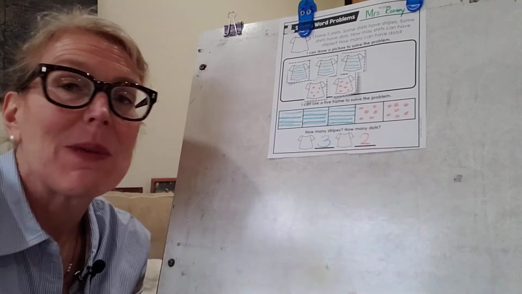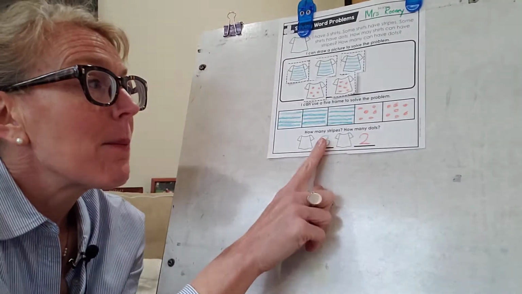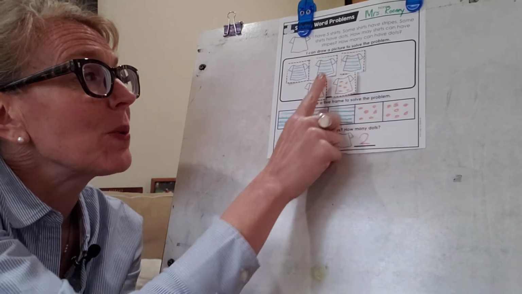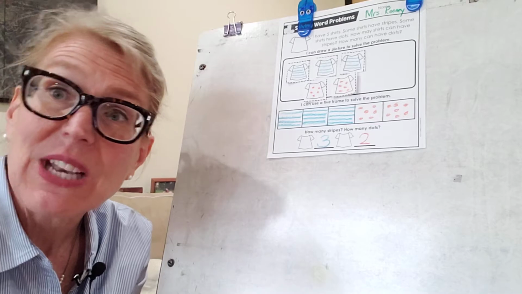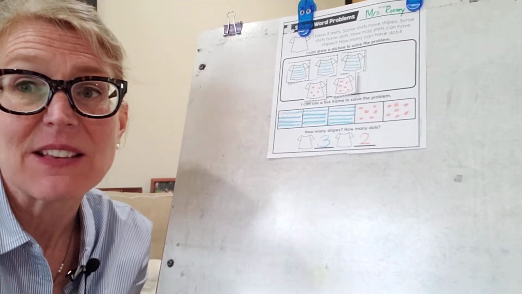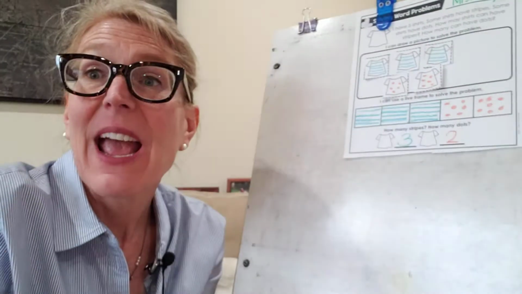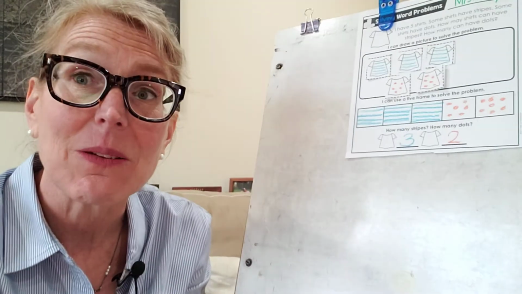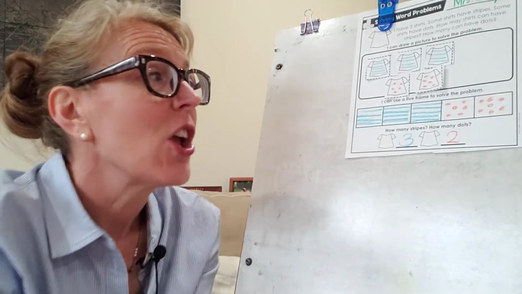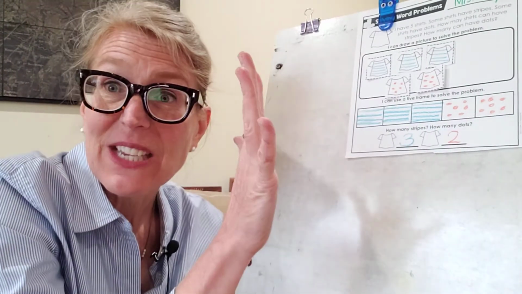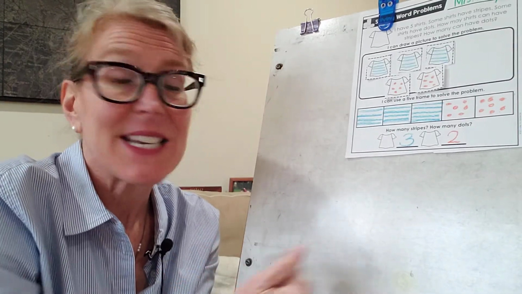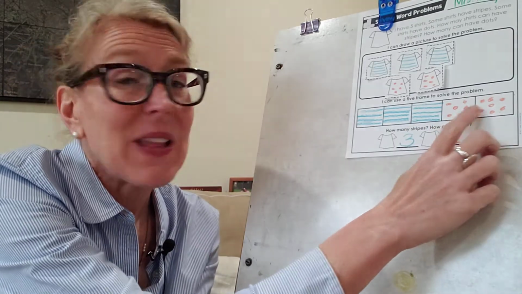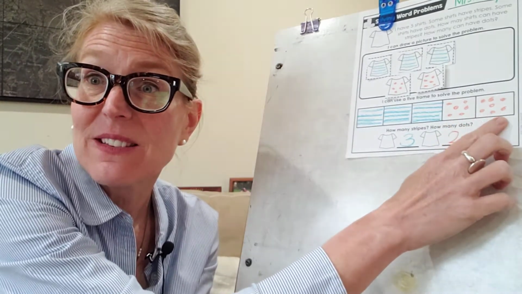Now, yours may be different, but I had 5 shirts. 1, 2, 3, 4, 5. Some could have stripes and some could have dots. So they wanted to know how many I could make that had stripes and how many then would be able to have dots. So if I have only 5 t-shirts, the way I did it was because I did 3 that had stripes, I could only have 2 that have dots.